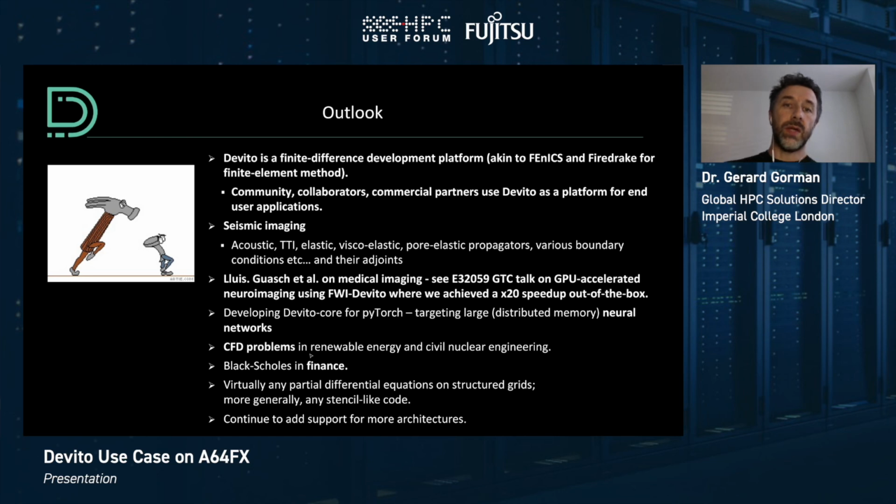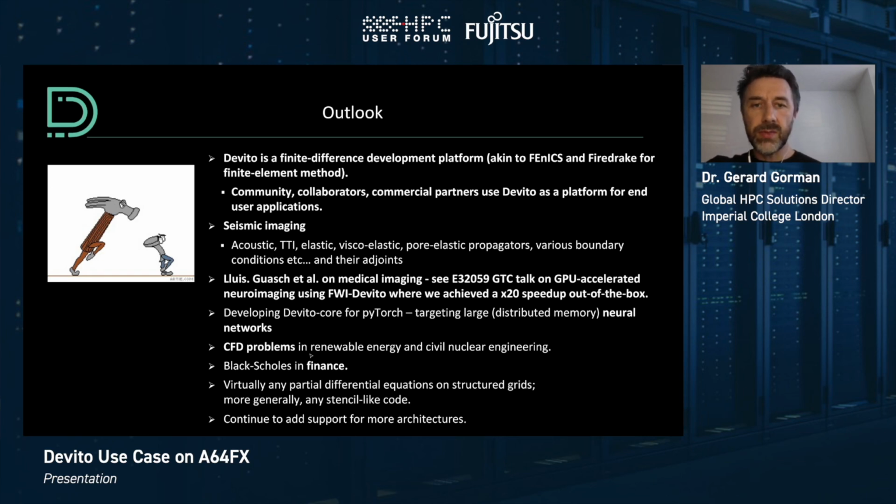We've also developed, as a prototype, the Devito core for PyTorch, because of the computational pattern that's involved in very large convolutional networks. You imagine large convolutional networks that require distributed memory. It's pretty much identical to the type of programming patterns that are already available in or supported by Devito.